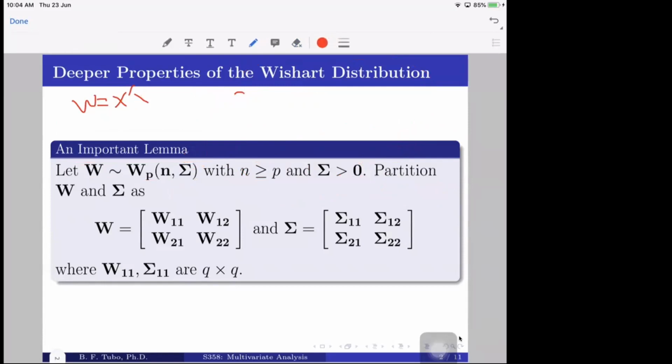So now we do some partitioning on W. This time, Arnold uses the dimension as q by q, and W is p by p. So you know what will be the corresponding dimensions of these components, as well as for your sigma.